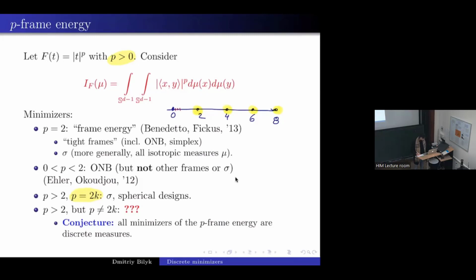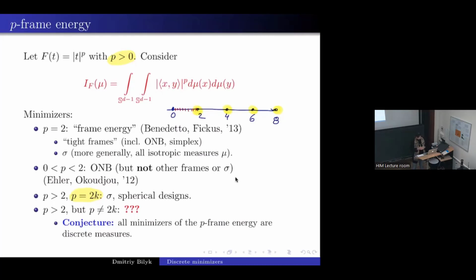In the whole range between 0 and 2, the orthonormal basis, again up to symmetry, or the cross polytope, so you can identify points x and minus x as the same point, the orthonormal basis in this sense is the only minimizer. So again, you have a range where a discrete minimizer is the only minimizer.